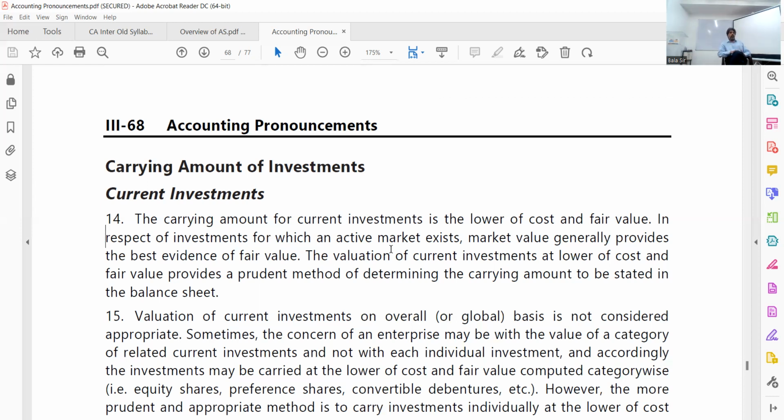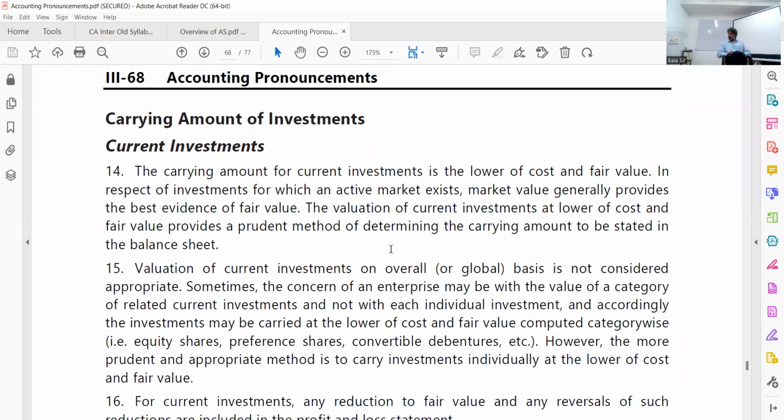Now read what is given in para 14 further. The valuation of current investments at lower of cost and fair value provides a prudent method of determining the carrying amount to be stated in the balance sheet. You saw conservatism, prudence. Suppose a 100 rupee investment. Initially you bought it, year-end value is 90.